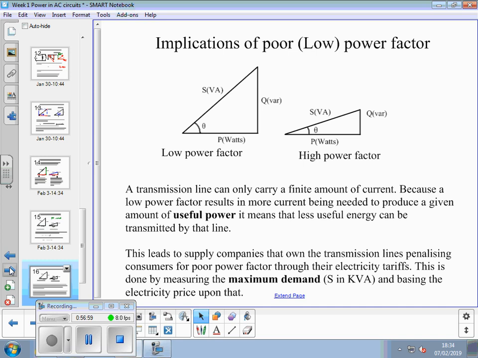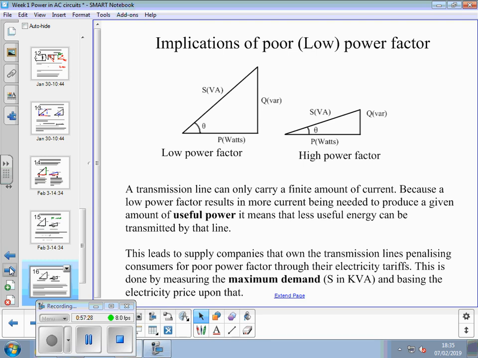It's going to draw more current in the situation on the left than in the situation on the right. So it leads to supply companies that own the transmission lines penalising consumers for poor power factor through their electricity tariffs. This is done by measuring the maximum demand, S in kVA, and basing the electricity price upon your maximum demand.